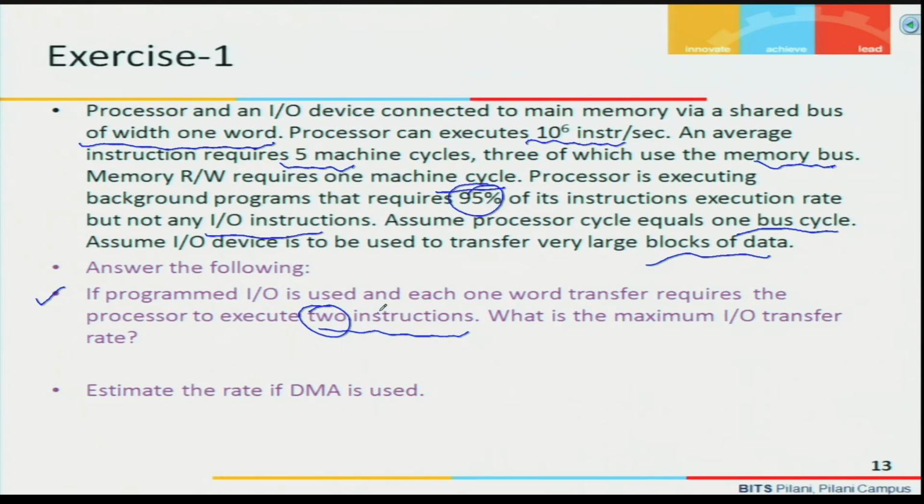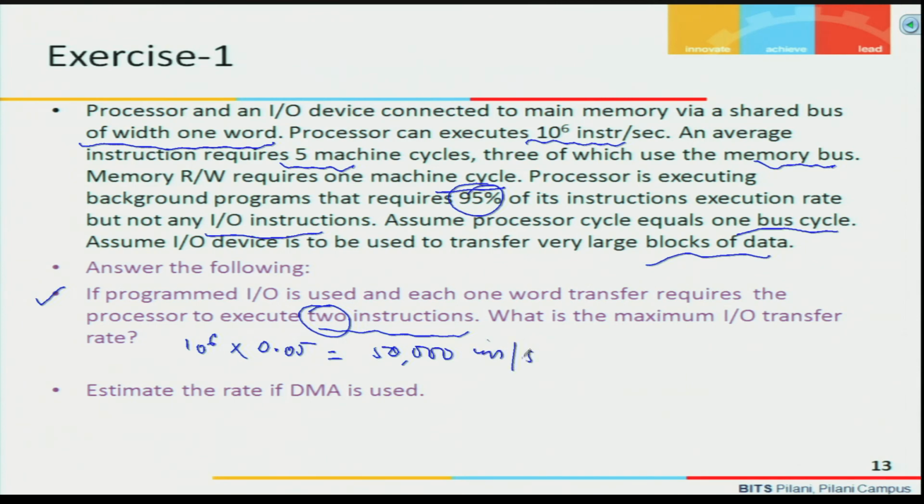So, what is the amount of time available? 5% only, since 95% it is doing the background work. So, only 5% of the time is available for the IO activity. So, out of 10⁶ total, times 5%, 0.05, this will give me 50,000 instructions per second.